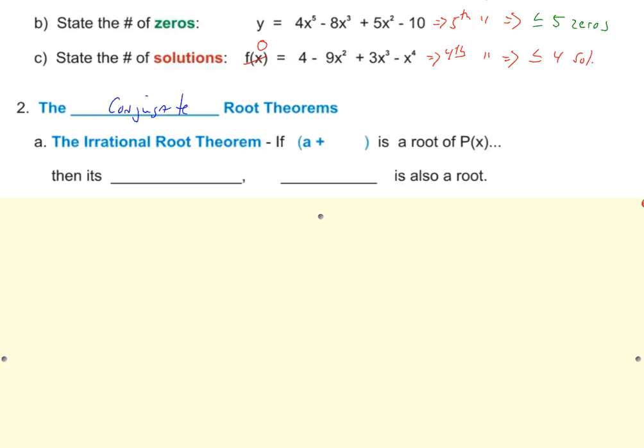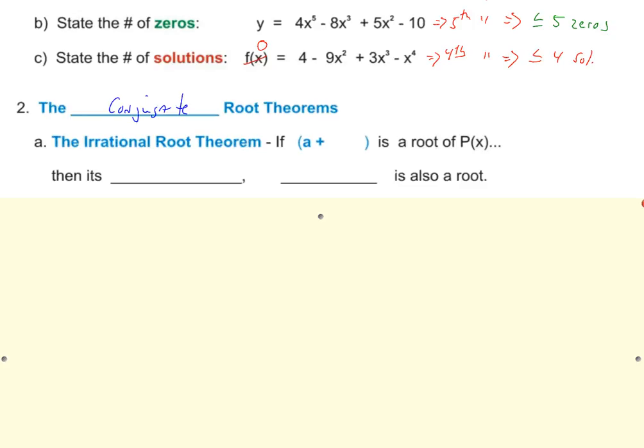Hopefully when we think of an irrational number, we think of something like the square root of 3, the square root of 7, pi. Remember, irrational numbers are numbers that we cannot express as a fraction. Square root of 3, square root of 5, pi, e, and some other things.